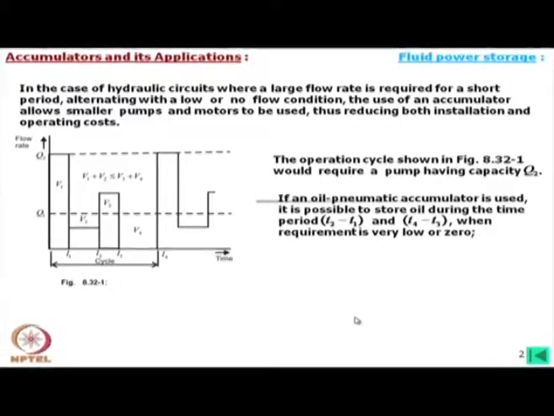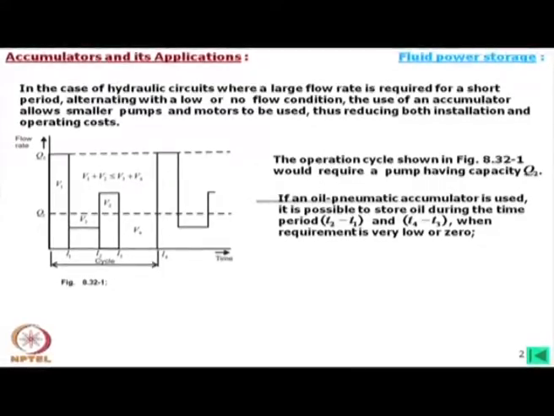If an oil pneumatic accumulator is used, why is this oil and pneumatic accumulator? Because the oil is stored in the accumulator. An accumulator is nothing but some sort of small vessel, and within that the oil, in this case we are considering oil or liquid, is stored, whereas initially the accumulator is filled with say air, and then air is compressed inside and oil is stored.